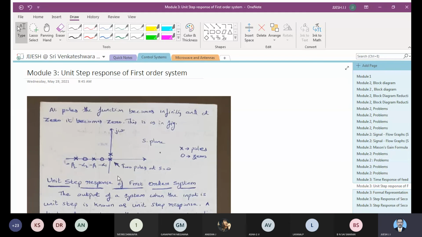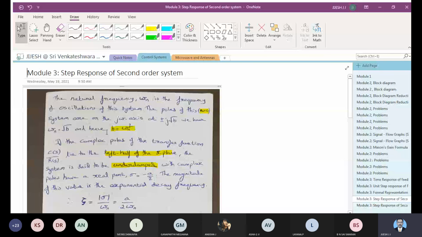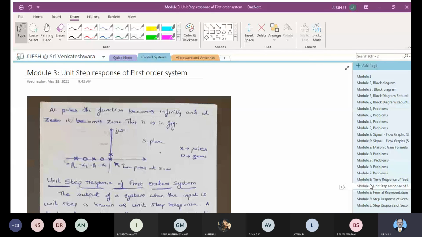If the complex poles of the transfer function lie on the left half of S plane, means this side. This is the left half of S plane. So this is what we have been discussing now.